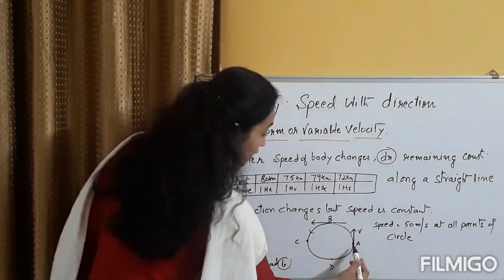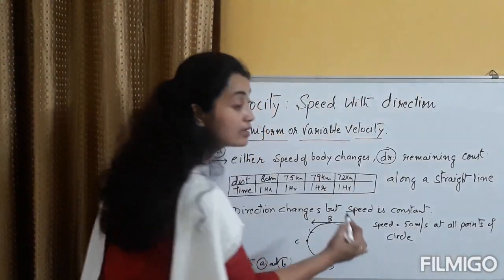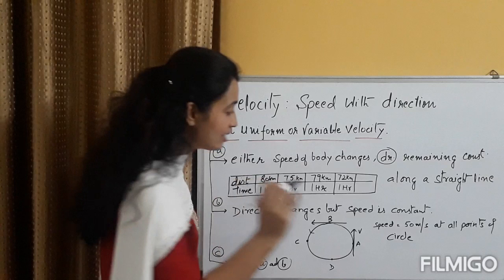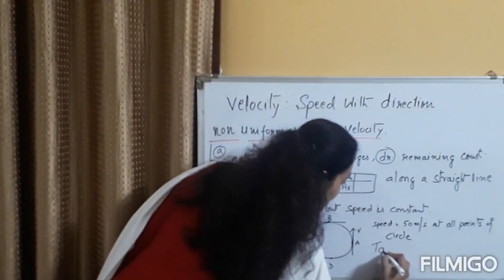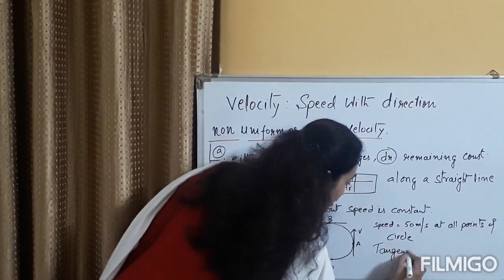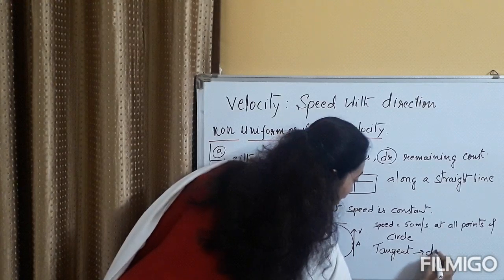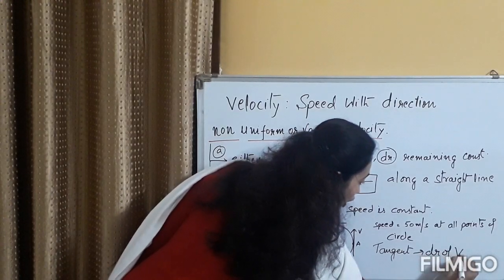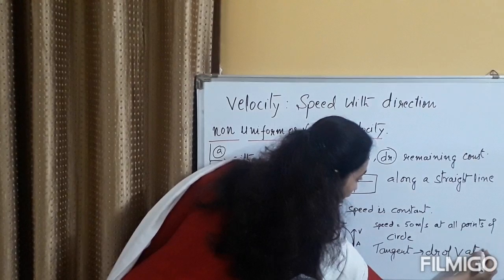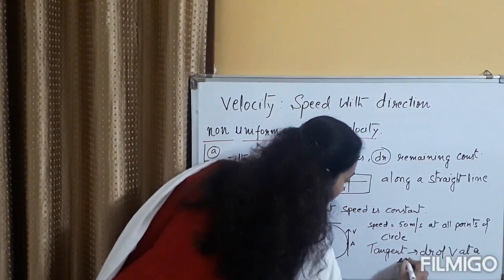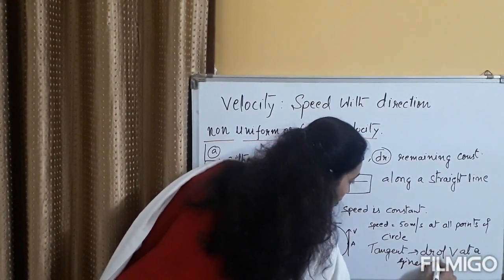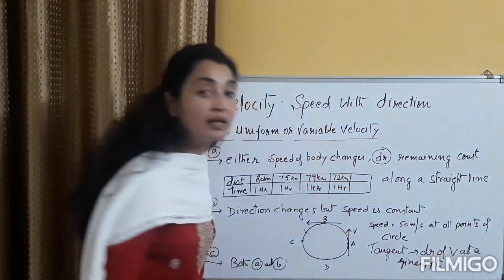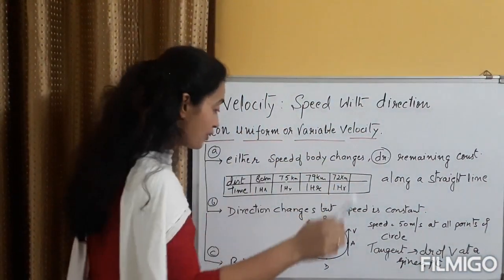If I mark the tangent at the point A, what is it representing? Tangent represents direction of velocity at a given point.